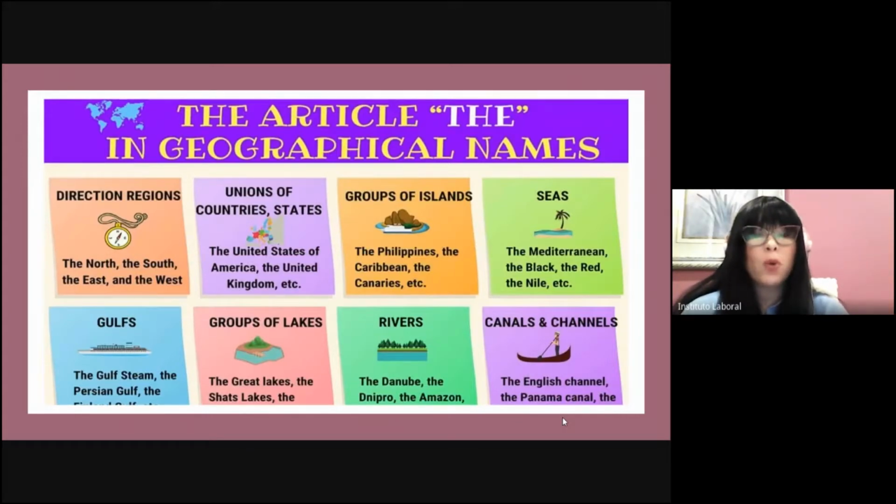When we talk about groups of lakes, the Great Lakes. When we talk about rivers, the Danube, the Dnipro, the Amazon, the Nile. When we talk about canals or channels, the English Channel, the Panama Canal. Yes, we use the article the in geographical names.